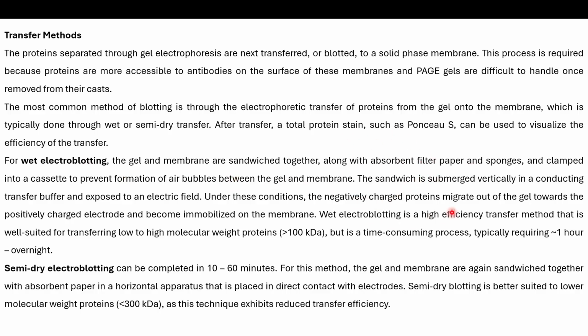This sandwich is now submerged vertically in a conducting transfer buffer and exposed to an electric field. So what happens in there? The negatively charged proteins migrate out of the gel towards the positively charged electrode and become immobilized on the membrane. It is a high efficiency transfer method, well suited for transferring low to high molecular weight proteins, but it is a little time consuming.